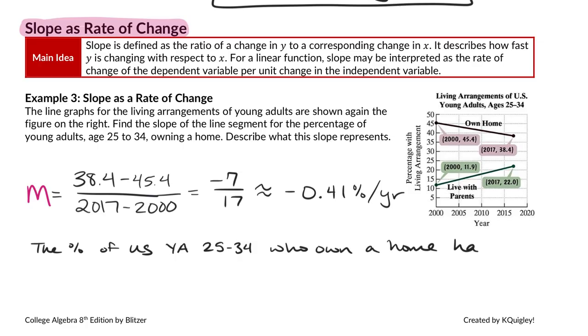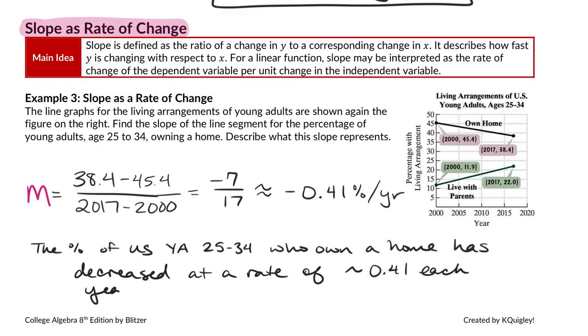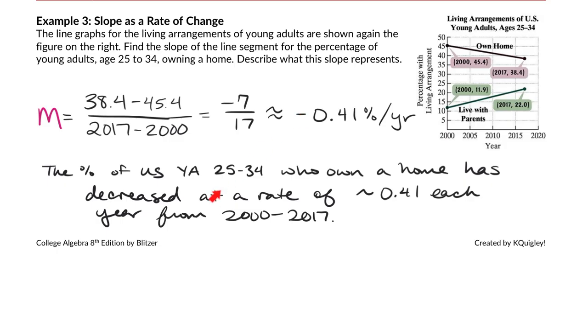The percentage has decreased at a rate of approximately 0.41 each year from 2000 to 2017. Since this number is negative, that's why we use the word decreased in our explanation. And we made sure to talk about what the outputs and the inputs are for this function in our explanation.